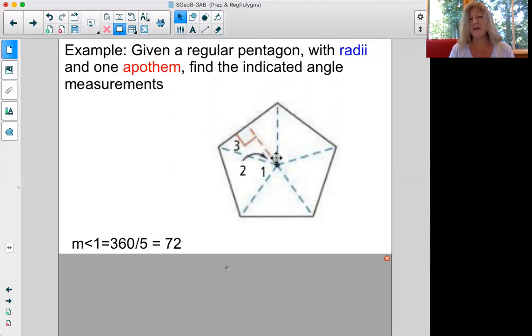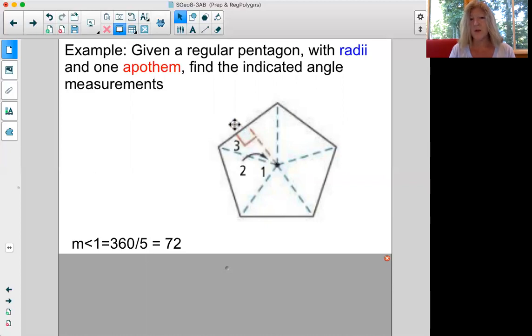And then we have a theorem about isosceles triangles. Notice that all the radii are congruent. So all these triangles formed between two radii and a side, those are all isosceles triangles. And whenever you drop the altitude from the vertex angle, it will perpendicularly bisect the side. And it will also bisect the central angle.